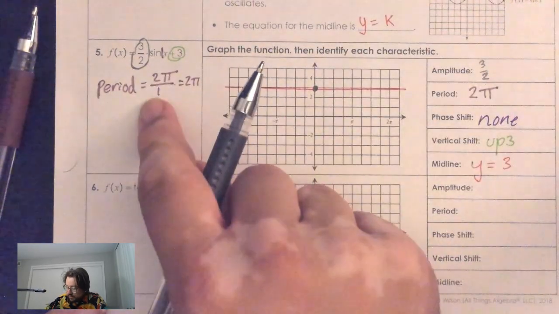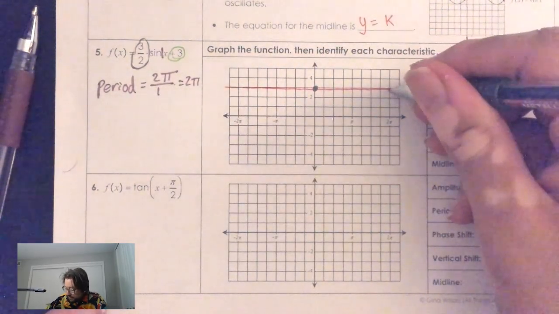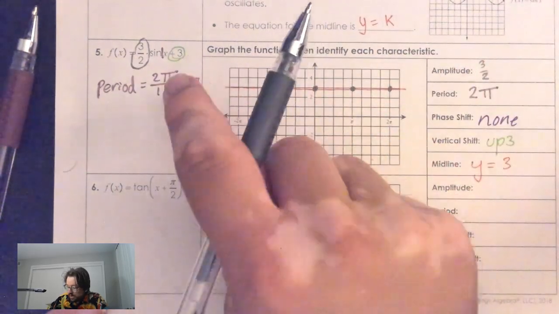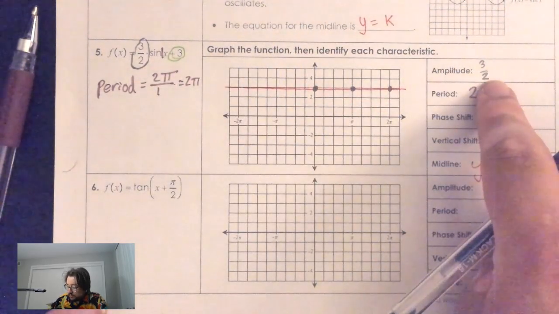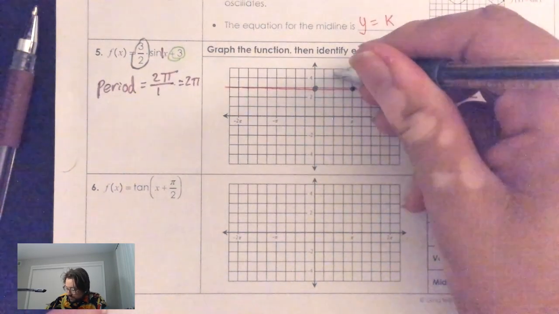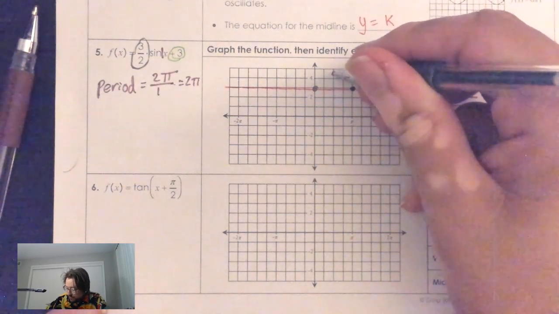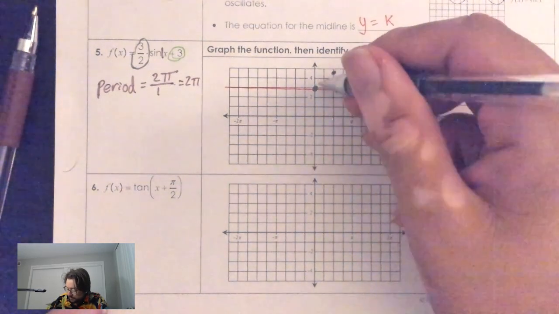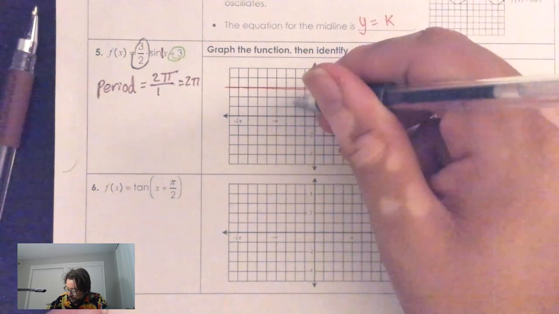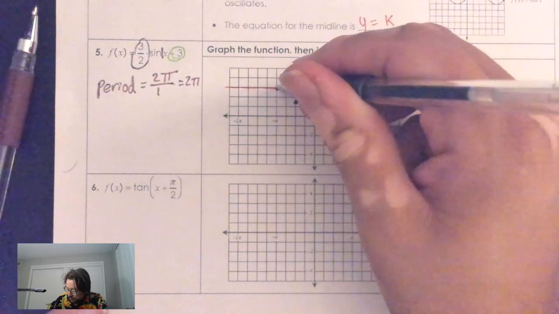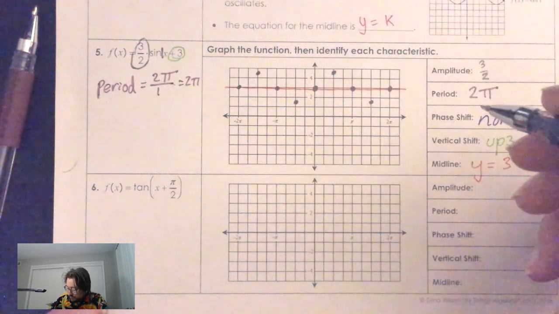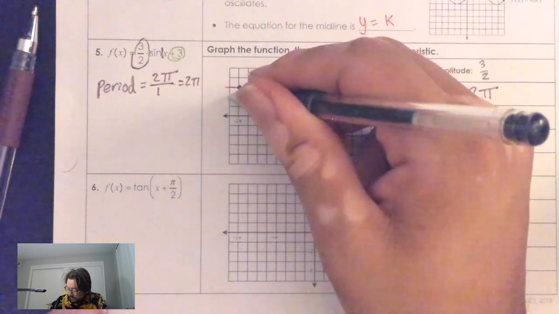My period is 2 pi, so I know I'm going to repeat at 2 pi. I go halfway, and I go up by my amplitude. Here my amplitude is 3 over 2. So halfway between these, I'm going to be at 3 over 2 above the midline, and 3 over 2 below the midline. 3 over 2 below, this way, 3 over 2 above, and I get my nice sinusoidal graph.